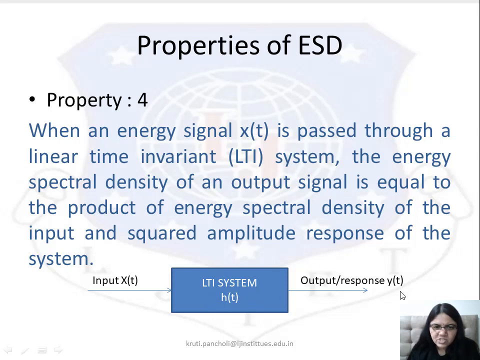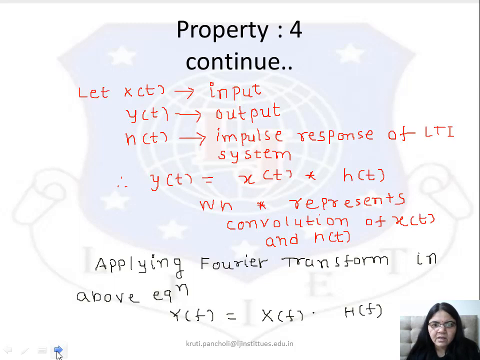So what is my y(t)? You know that when the signals are in the time domain, we take the convolution of the two signals. So y(t) is equal to the input signal x(t) convolved with h(t). Here x(t) is the input, y(t) is the output, and h(t) is the impulse response of the LTI system.